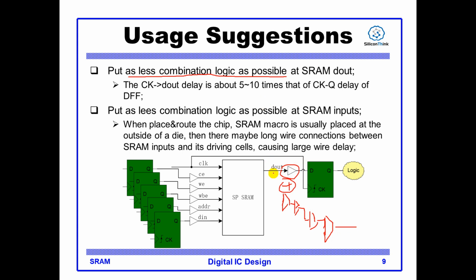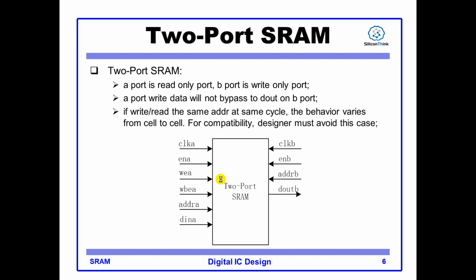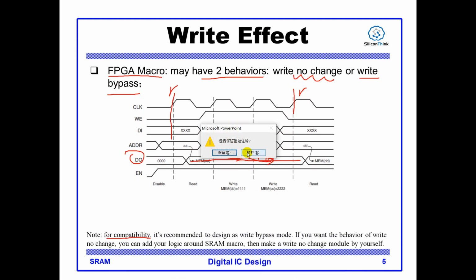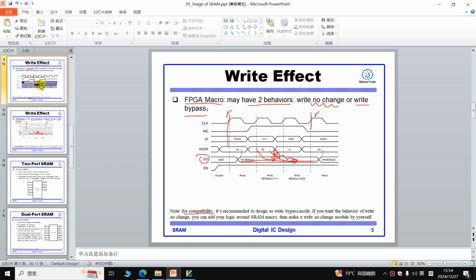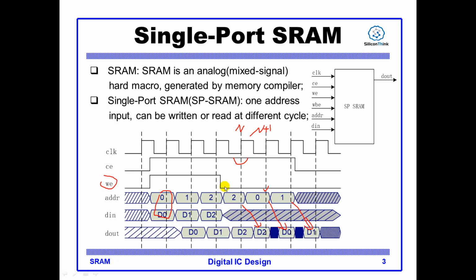The reason is the CK2D out delay is about 5 to 10 times that of the CK2Q delay of a DFF.